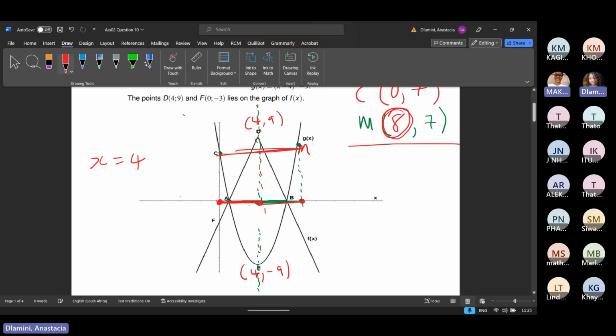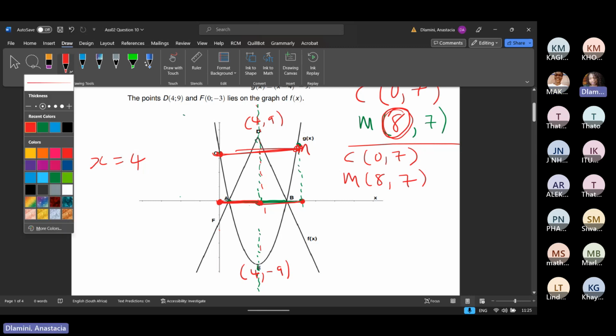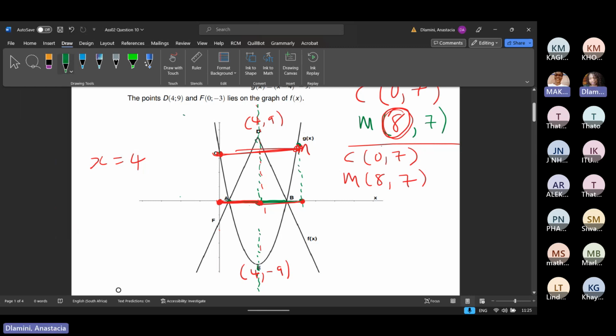I'm still lost, ma'am. Okay, so let's go back to our parabola. Remember we said c is 0 and 7, and m is 8 and 7, right? Let's call the x value of c s, and the x value of m t. So s is equal to 0 and t is equal to 8.